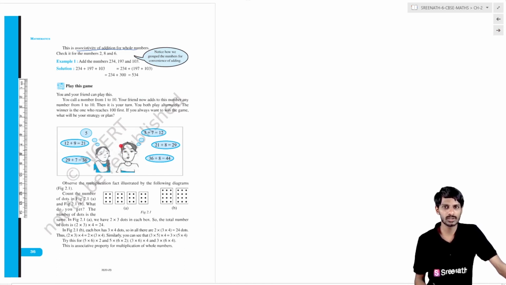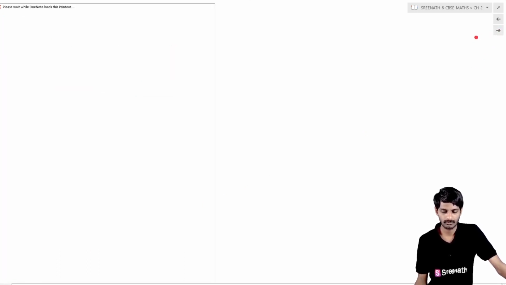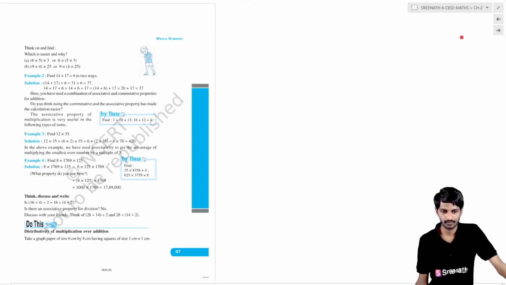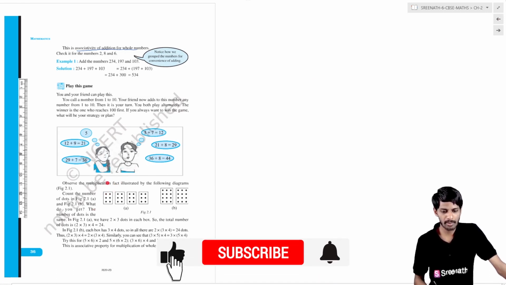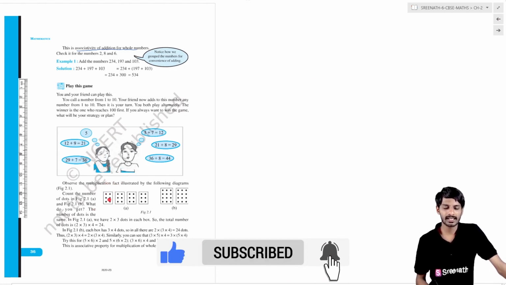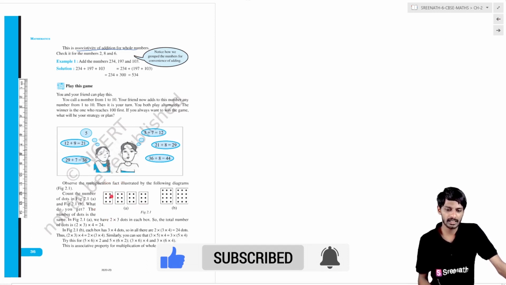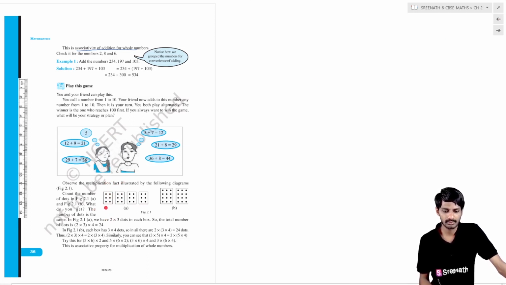Now we do it for multiplication. In the same way, here is a picture like that. Here in the case of multiplication also, try to do this. Basically it has 3 columns and 2 rows. 3 into 2, how many are there? 1, 2, 3, 4.